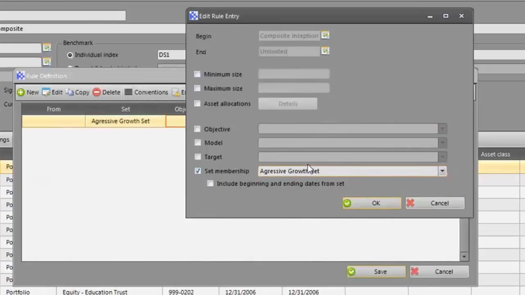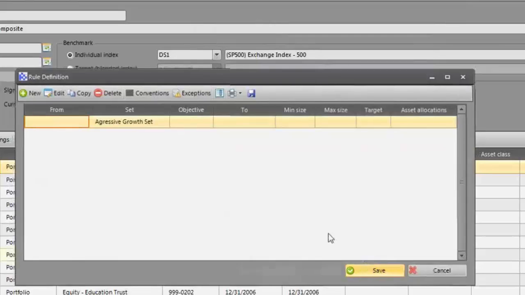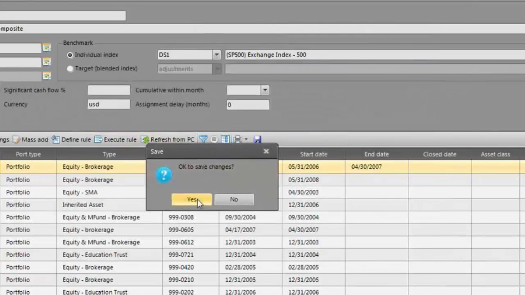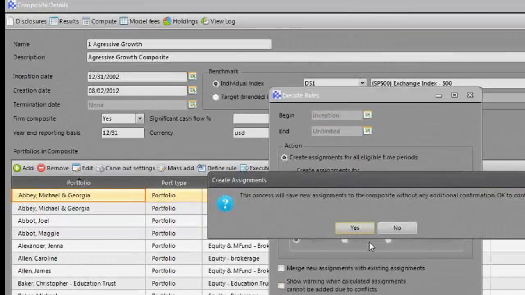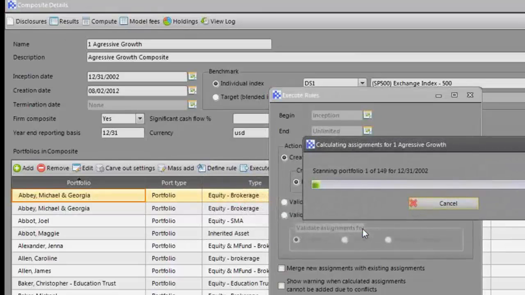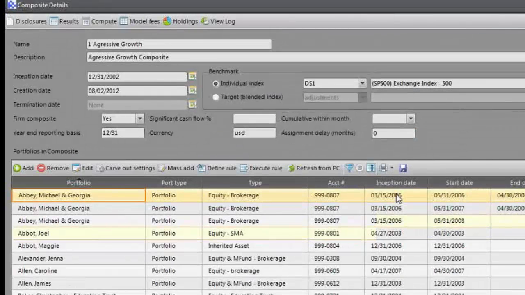So it's looking over at an attribute of this portfolio in PortfolioCenter, and it's going to build the rule based on that attribute. And so if we click OK and save this, we can then execute the rule, and it's going to go out and grab every portfolio in PortfolioCenter that's a member of that set. And a set in PortfolioCenter is a collection of portfolios.